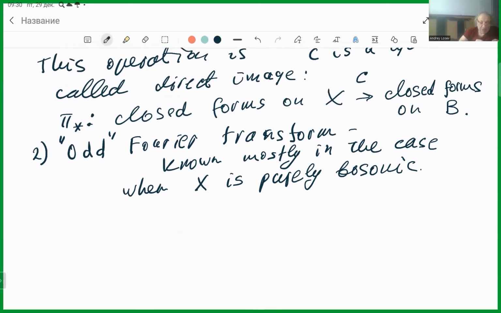So let me start with the classical construction 2A.